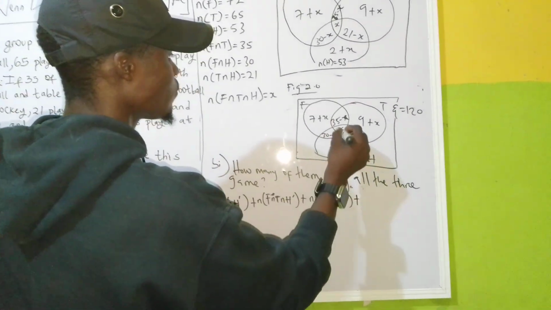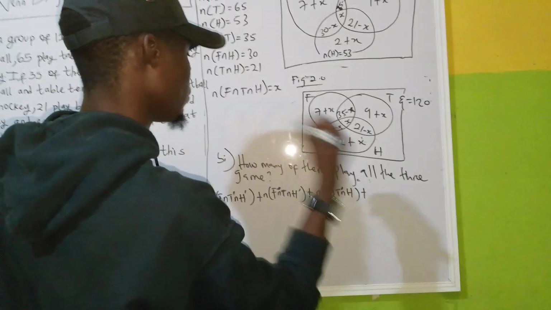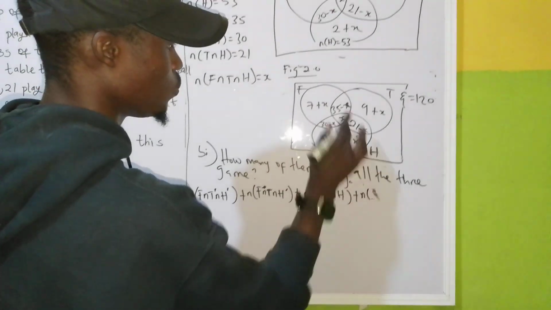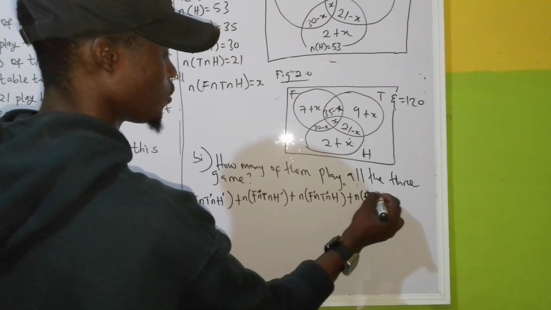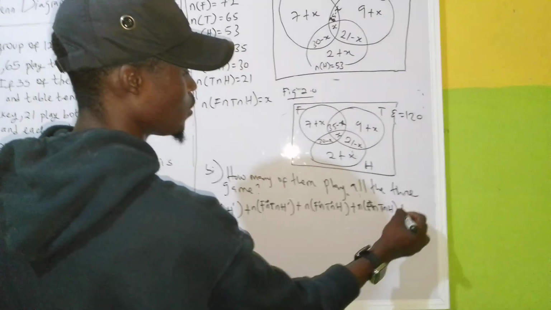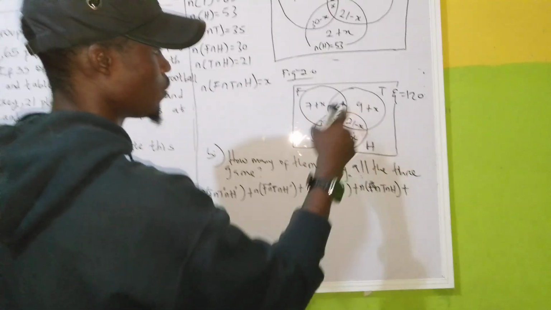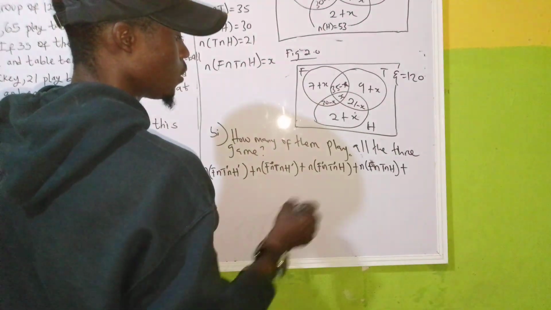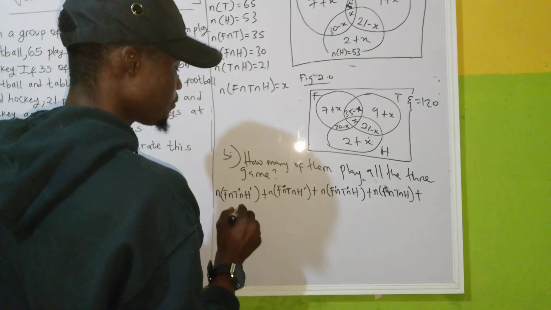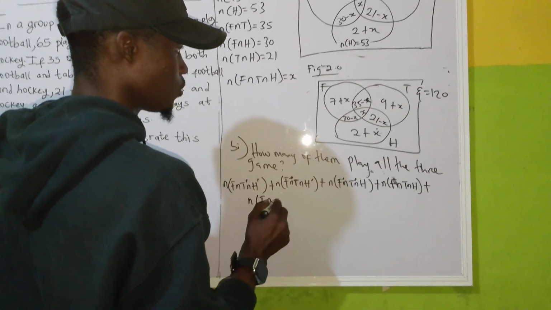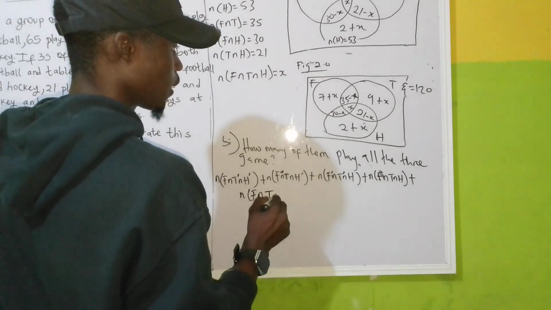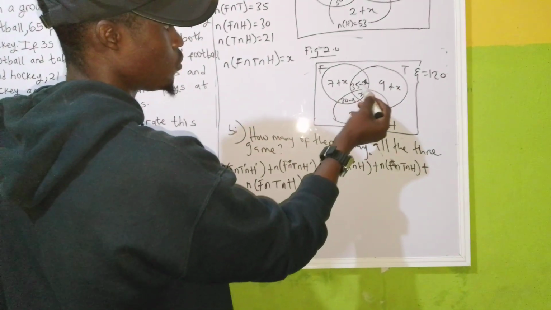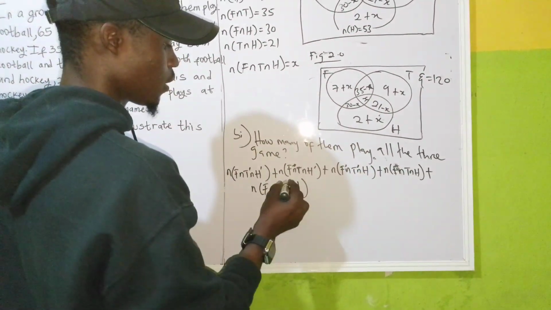Plus where the three are joined, F intersection T intersection H, plus where the two are joined. There's no point putting minus anymore because we have put minus x here. Plus the number of F intersection T intersection H. This one is for football and tennis alone, only football and tennis alone.